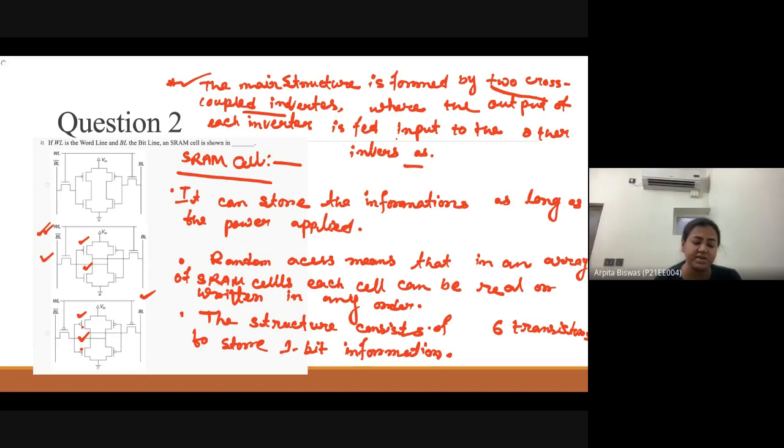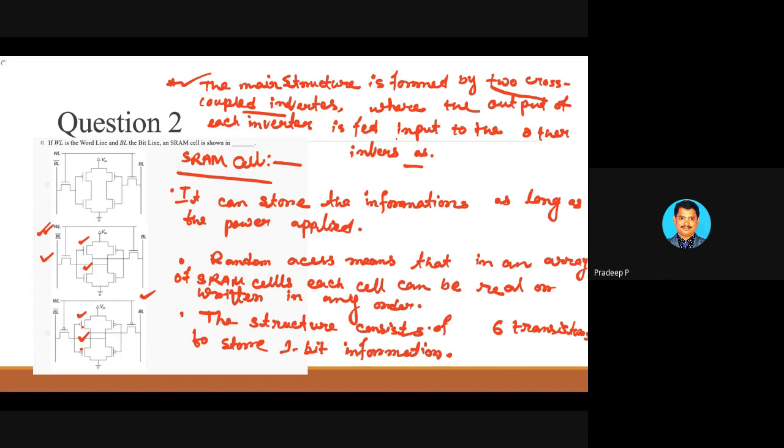Okay, so SRAM is static. If the power is gone, is there any information remaining? In dynamic RAM, it has memory, right? Think logically. In DRAM, up to a certain time the capacitor retains the value for a short duration.